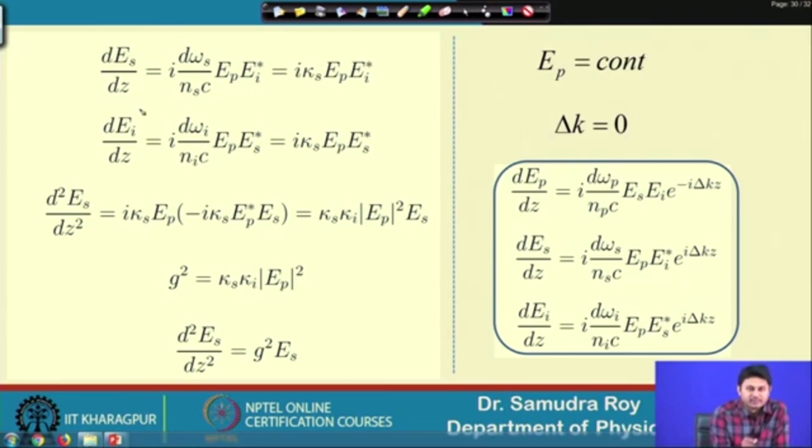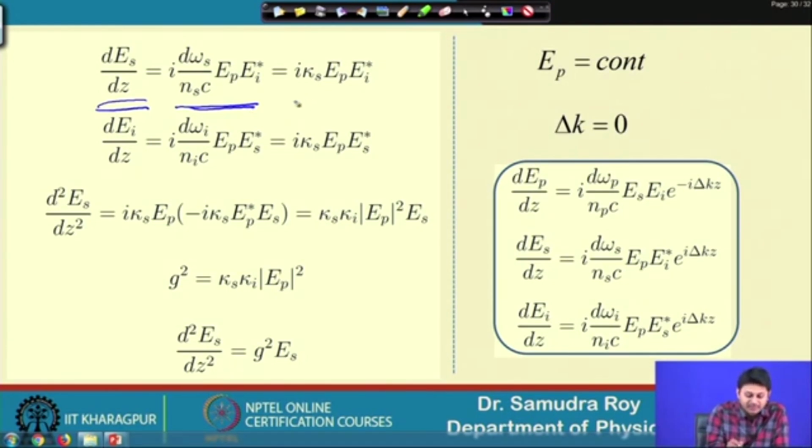So, if I see here Es, Es(z) can be written in this form. dEs/dz is equal to i d omega s n_s c, which is this, times Ep Ei star.